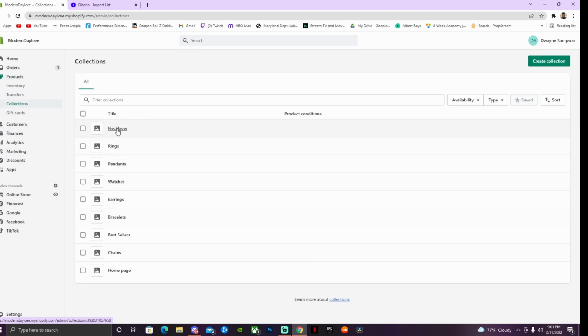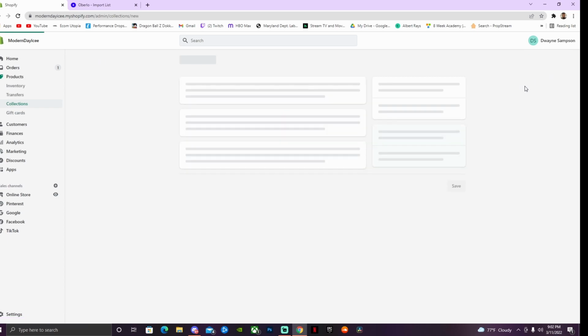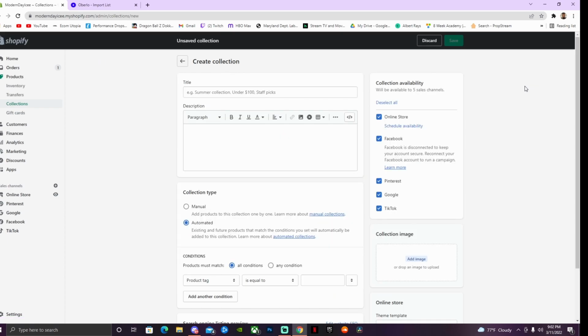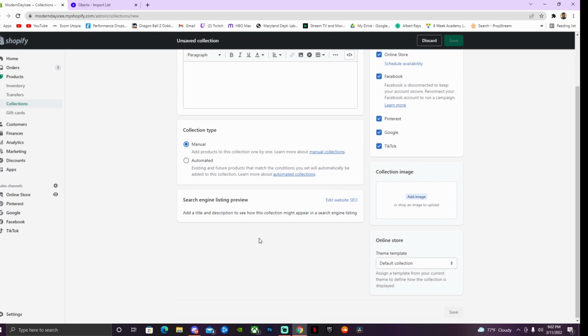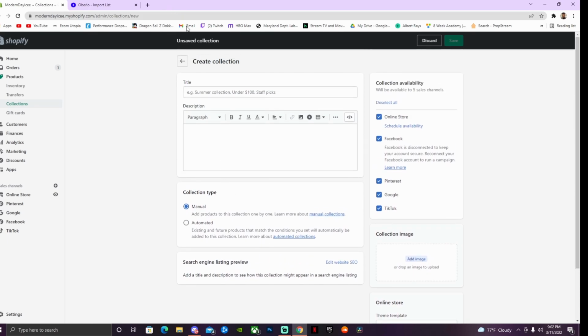For instance, I sell multiple different kinds of products on the store: necklaces, rings, pendants, watches, earrings, bracelets. So you want to set up your collection. You would hit create collection, and then you would name your collection, and then you would hit manual. This allows you to manually import your products into the collection after you already imported them into your store.